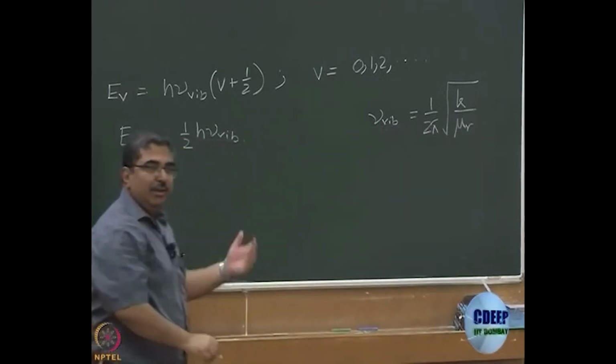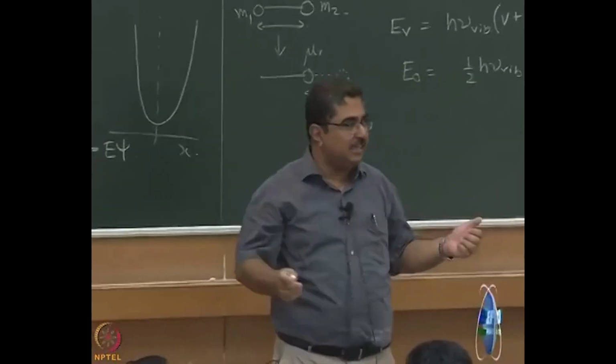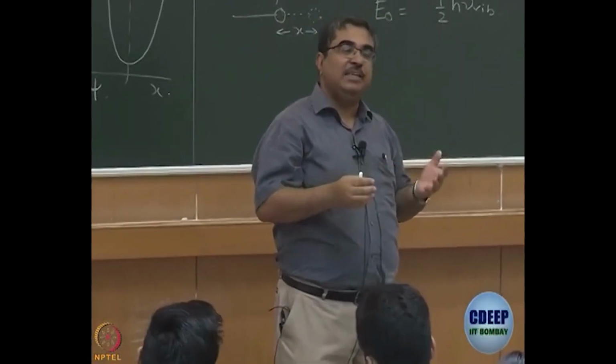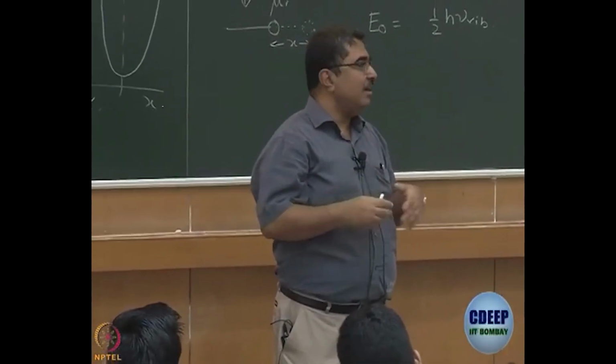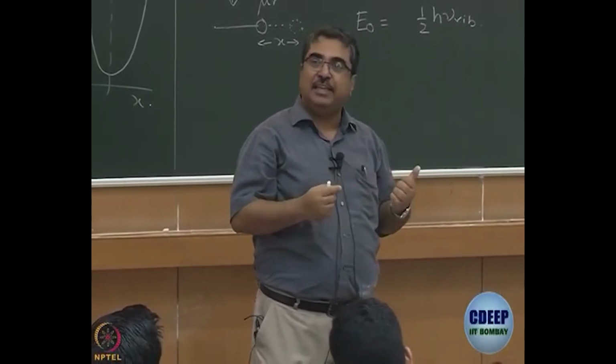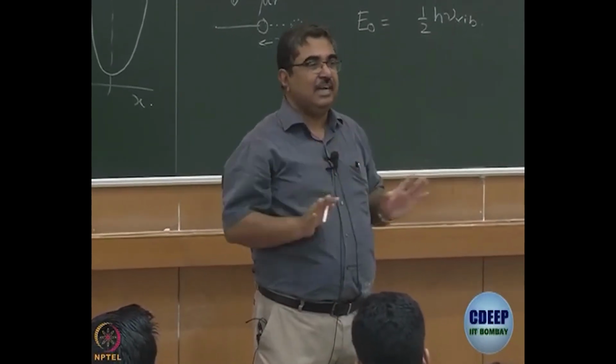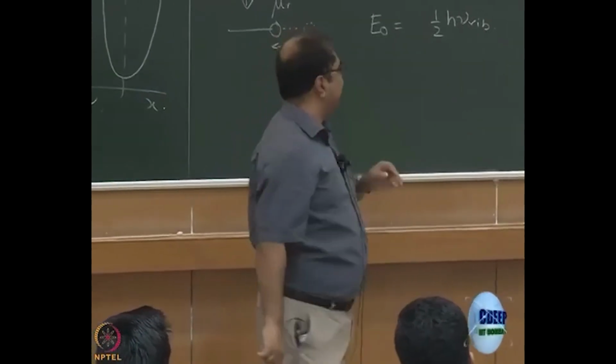Okay. So, if we can determine this frequency of vibration, knowing the reduced mass, we can find out what k, the spring constant is, and if we know what the spring constant k is, then we essentially know how strong the bond is. That is the basic idea of this whole exercise.